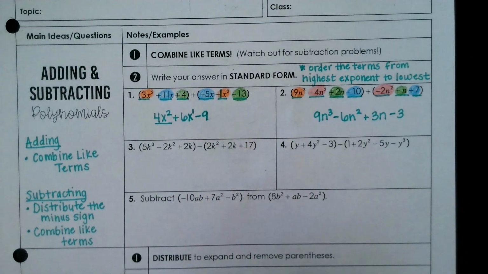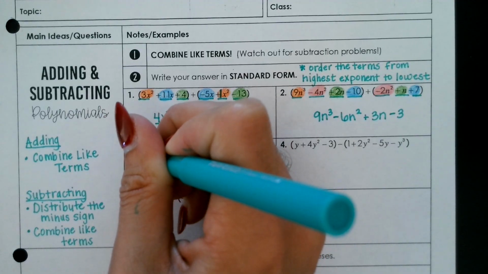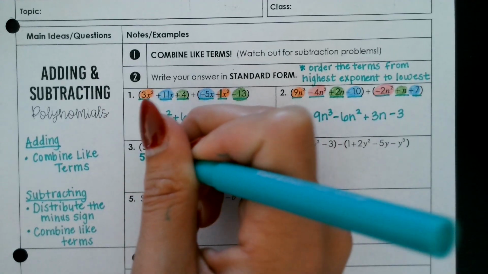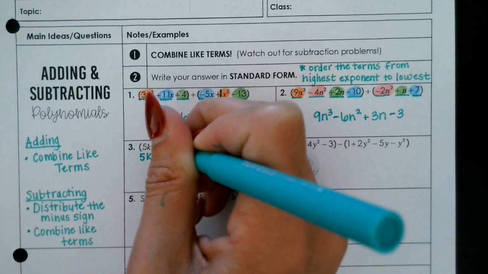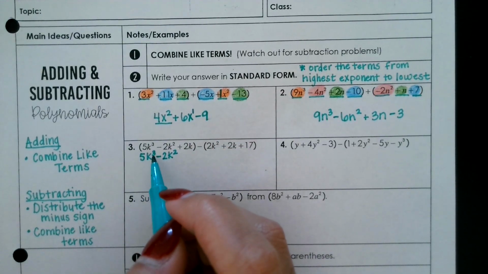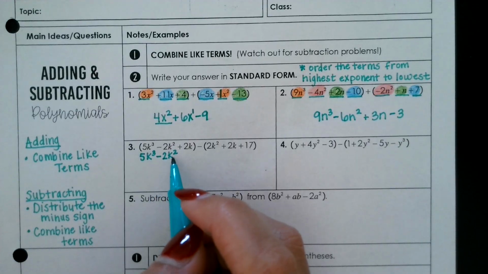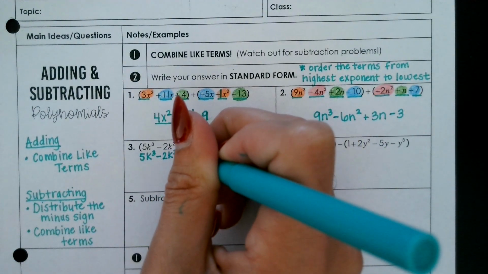Even though nothing changes on these first ones, I'm going to write it all on one line. So I'm going to recopy my 5k to the third minus 2k squared plus 2k.